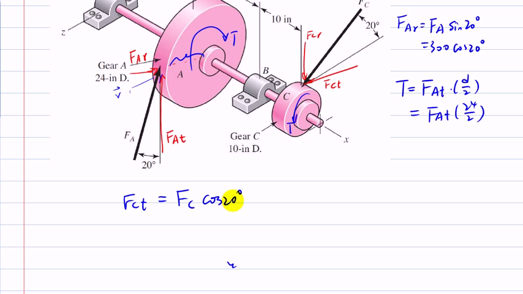The torque generated by FCT will be the same torque as the torque over here. So this T will be equal to FCT multiplied by the half diameter of this one here. The diameter of this small one is 10 inch, so that's 5 inch right here. So this one equals this.